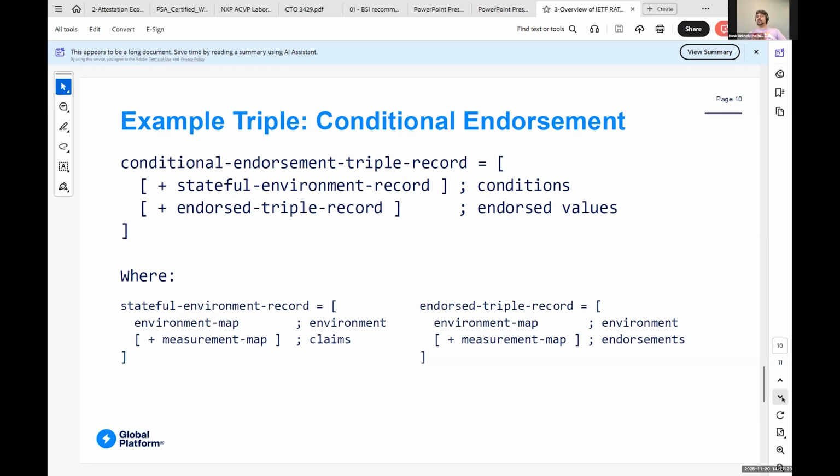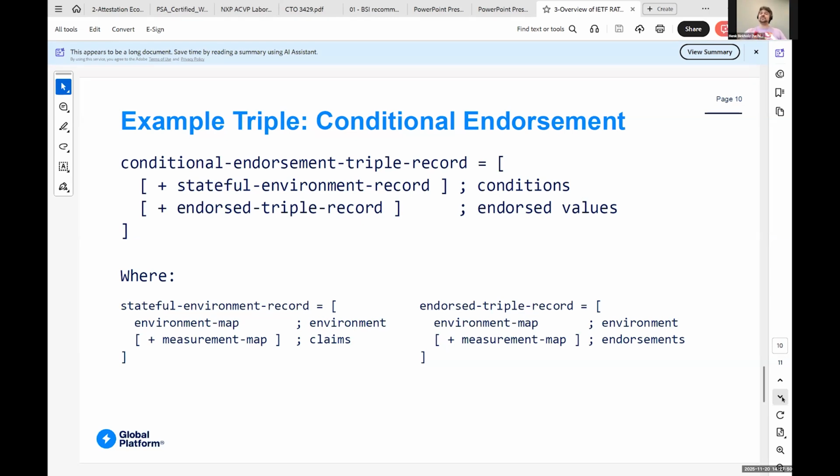So if you would look at the RATS endorsement internet draft, which unfortunately I did not put as a reference here, you would see these two sides of a coin. Evidence and endorsements are on one side of the coin, and the reference values are on the other side, because evidence and endorsements both tell you something about the attester, and reference values are always about the appraisal procedure.